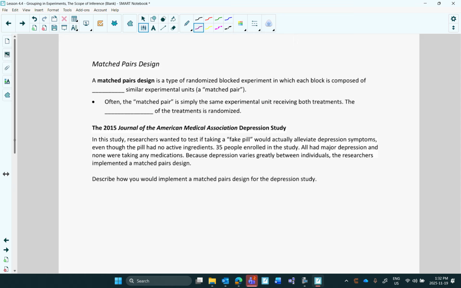So each block is composed of 2 similar experimental units. But often the matched pair is simply the same experimental unit receiving both treatments. And the order of the treatments is randomized.